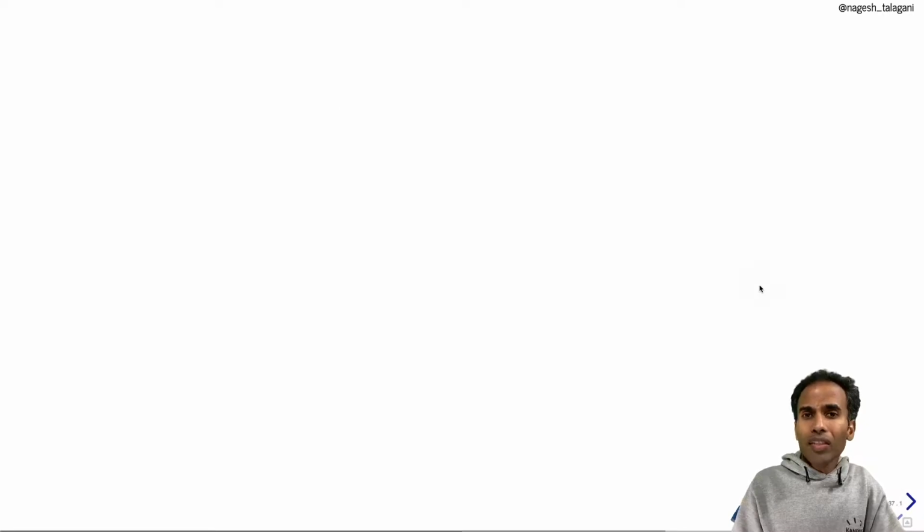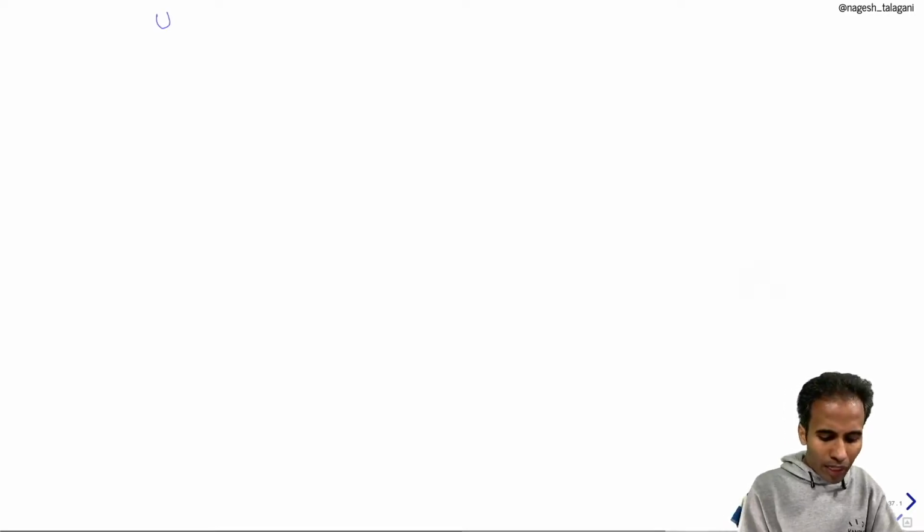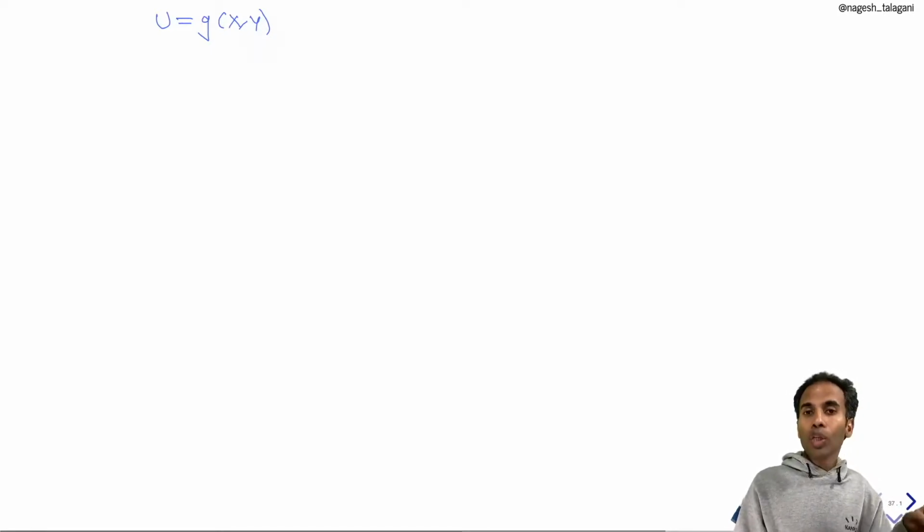We have not seen any methods to find out the PDF of some function of a given continuous bivariate random variable. That is, let us say you have a random variable u which is a function of x, y, g of x, y, where x, y is a continuous bivariate random variable with a joint PDF of x, y. Here u is going to be a univariate random variable which is a function of x, y.